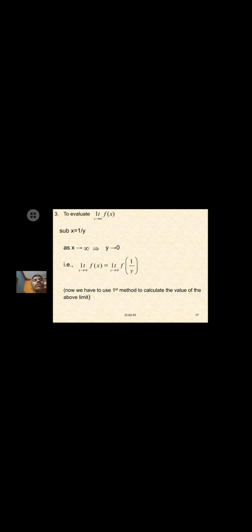Now we use the first method to calculate the value of this limit. So we are converting from infinity to 0, and we can easily find the limit.